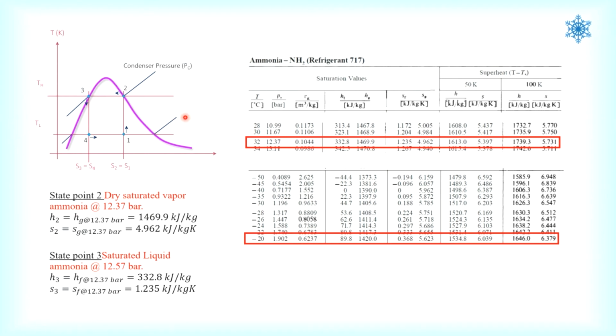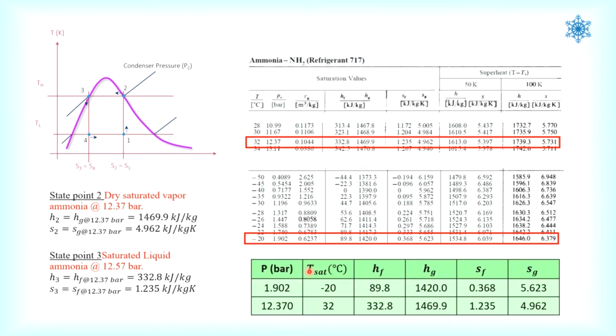That is based on 1.902 bar, the evaporator pressure. I need to list down all the properties, so that is why I refer to the ammonia side, 1.902 bar, for the later section of the question. So you can list everything here and tabulate everything in this table so that the working will be much easier.